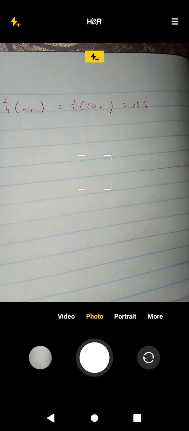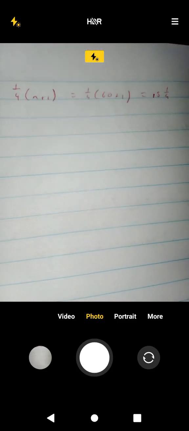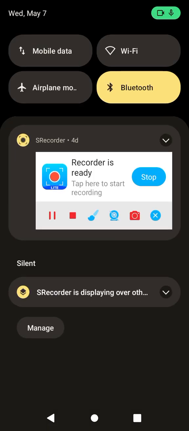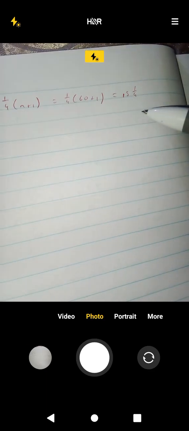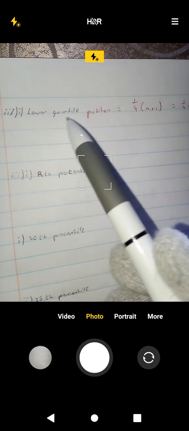Oh, I've just lost my pen. Okay, I've got my pen. So this is the lower quartile position. To find it, we used 1 over 4 times n plus 1.